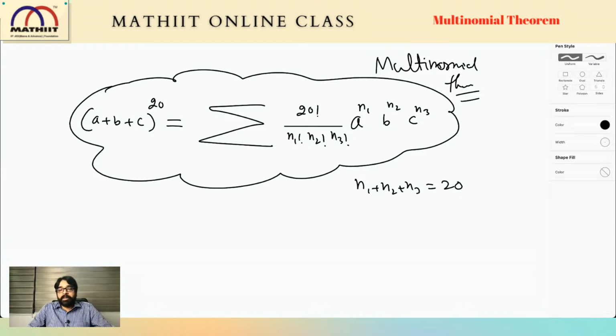Is this clear to everybody? Multinomial theorem means expansion of a bracket which contains more than two terms, and we should be able to write every term. Please confirm, everyone. If you did not understand, also let me know so that I can re-explain.